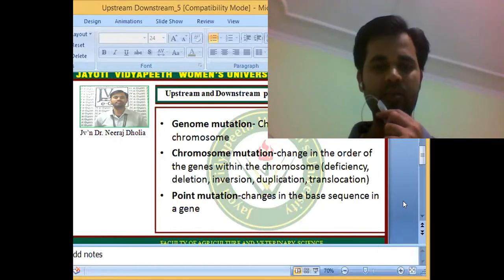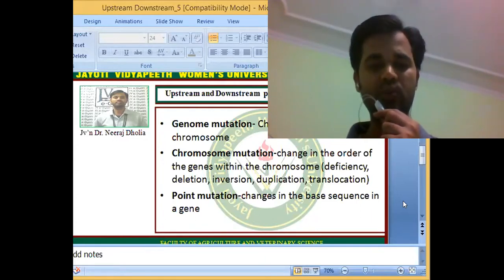Like deficiency, which means the number of alleles is less. We can delete some gene, we can insert some beneficial gene into the genome or chromosome, or we can repeat the gene.